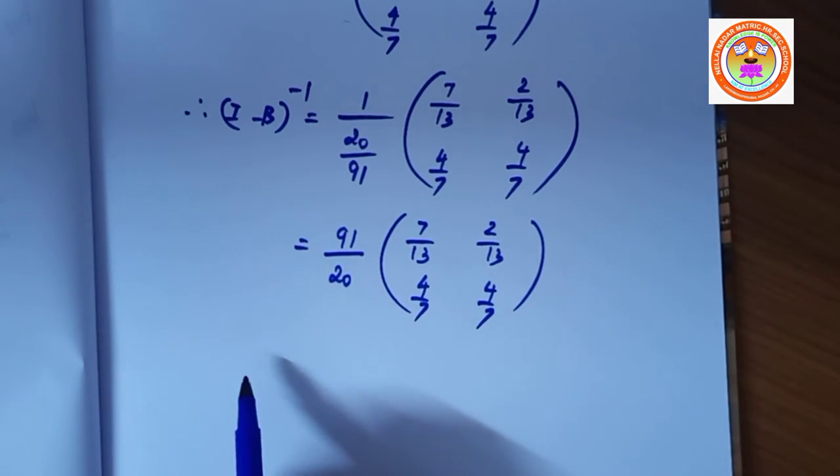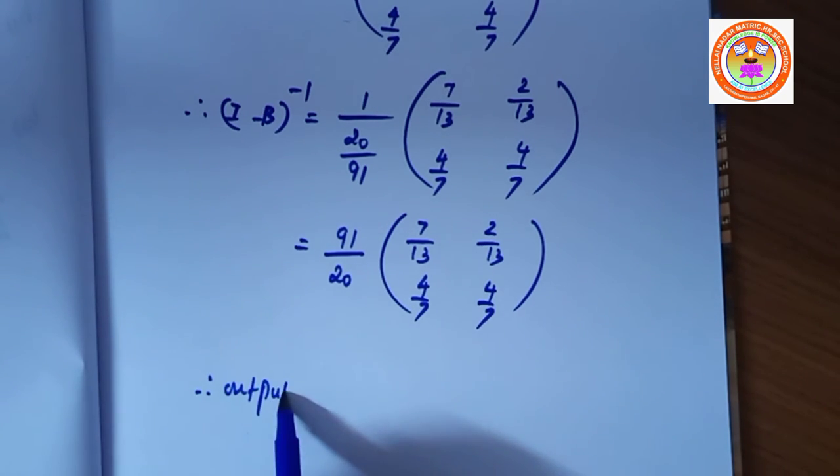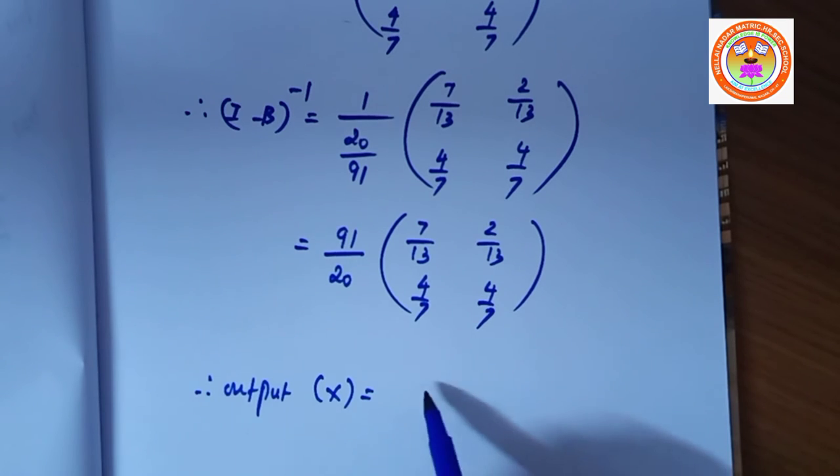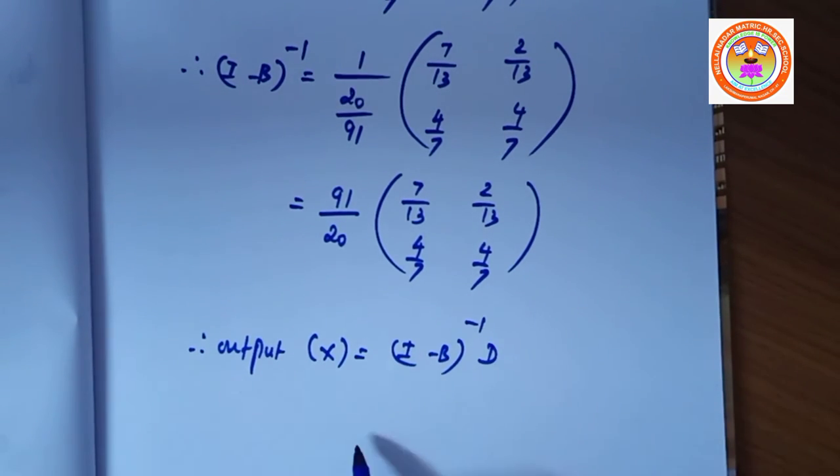Then we have to find the output, which is represented by X. The formula is (I minus B) inverse into the demand matrix.